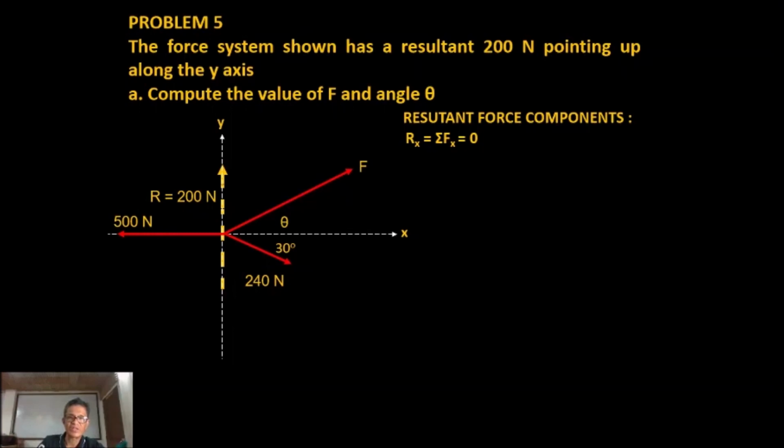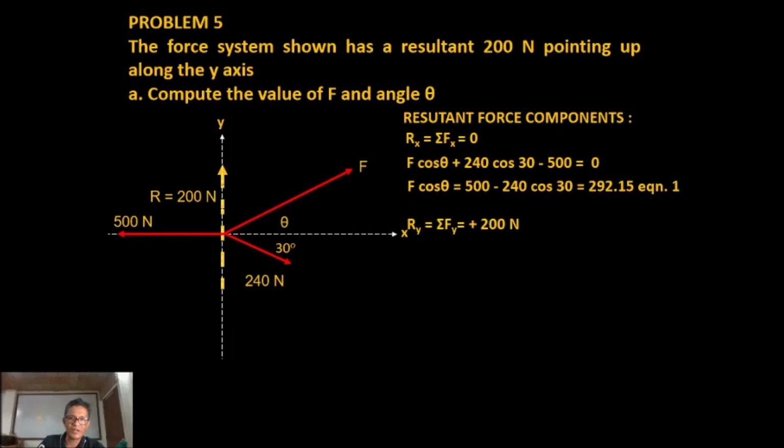So Rx is equal to 0. From the figure, we have F cosine of theta, which is the X component of F, plus 240 cosine of 30 minus 500, and that is equal to Rx, which is equal to 0. We can simplify the equation: F cosine of theta is equal to 500 minus 240 cosine of 30, and that is equal to 292.15, and that will yield equation 1.